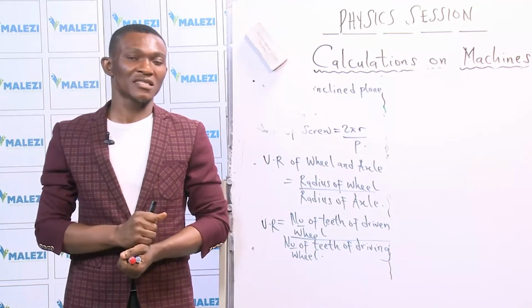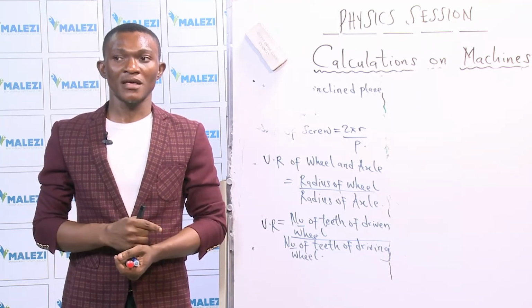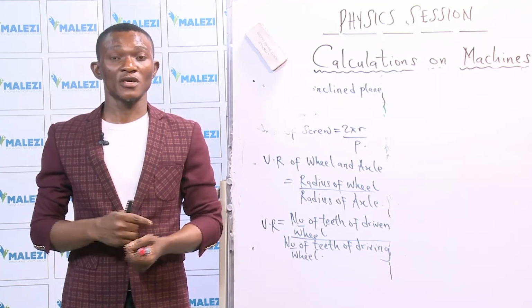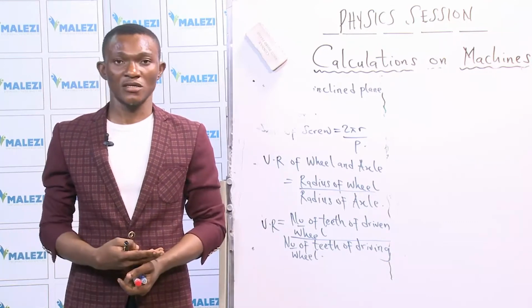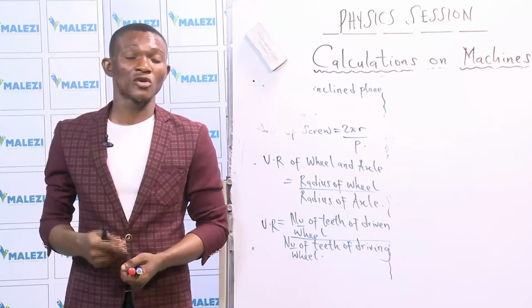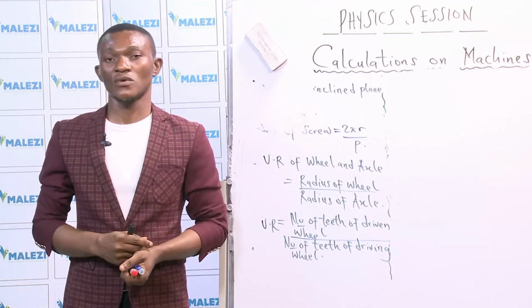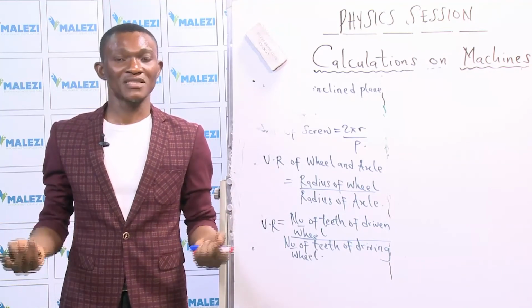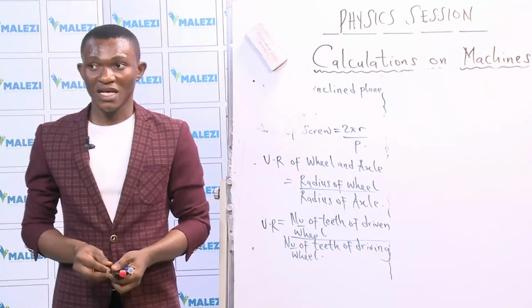So the reason for that is just that we need work to overcome friction, right? And if friction needs to be overcome, that means we can't get 100% again. You get what I'm trying to say? So the answer is just that work is done to overcome friction. So you can't get any perfect machine anywhere, right? So probably 90-something%, but it's hard to get 100%. So let's move to that question.